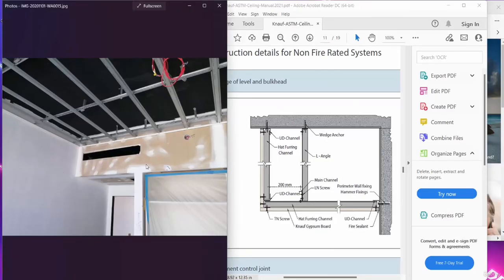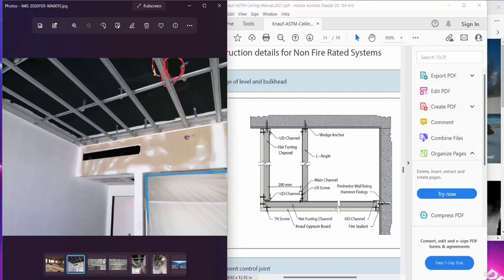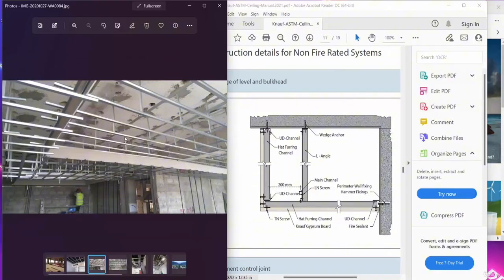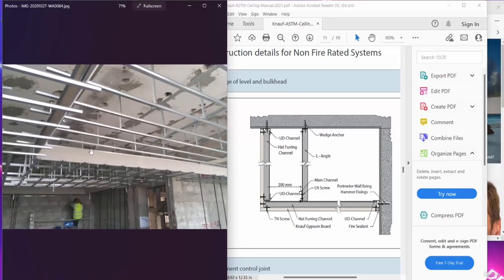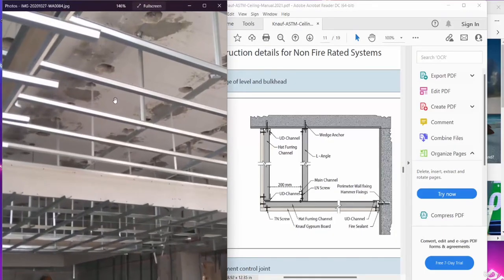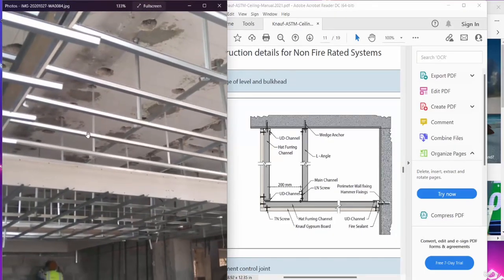Toward this direction, we can easily find that this part is the horizontal part, and this is the vertical part. If I show you some other pictures, for example here, this is also a classical example where you can see there is a vertical board. Here again is a similar arrangement of L angles.